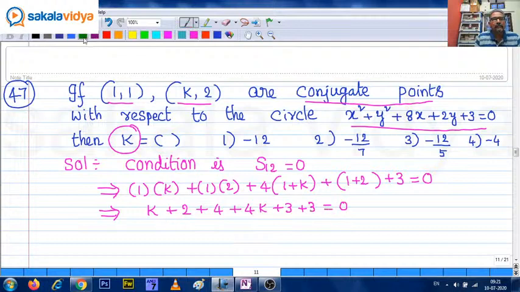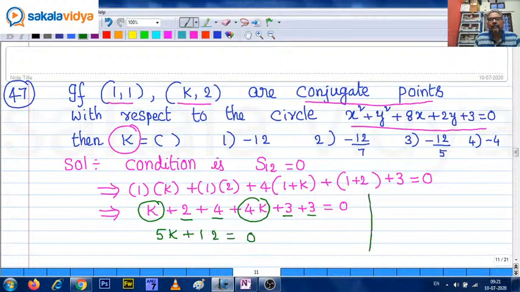Now k plus 4k is 5k. 2 plus 4 is 6, 6 plus 3 is 9, 9 plus 3 is 12, plus 12 is equal to 0. So 5k equals minus 12. The value of k equals minus 12 upon 5. That means third option.